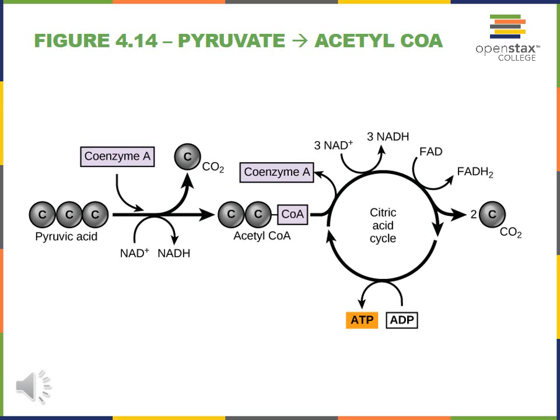So if we went back a slide, we would see that the glycolysis happens in the cytoplasm, and then the Krebs cycle or the citric acid cycle process happens in the mitochondria. At the end of the citric acid cycle, we are producing 6 carbon dioxide molecules and some ATP. Okay.